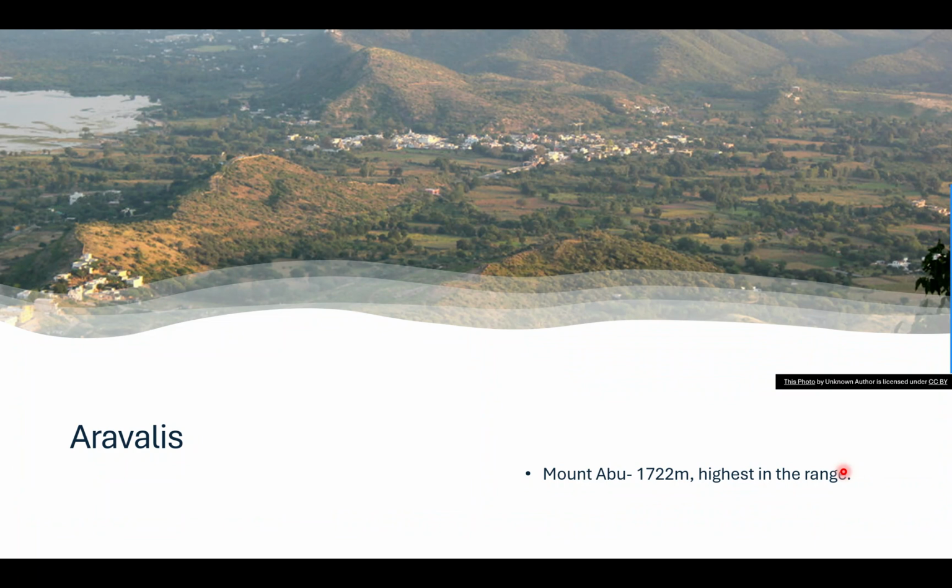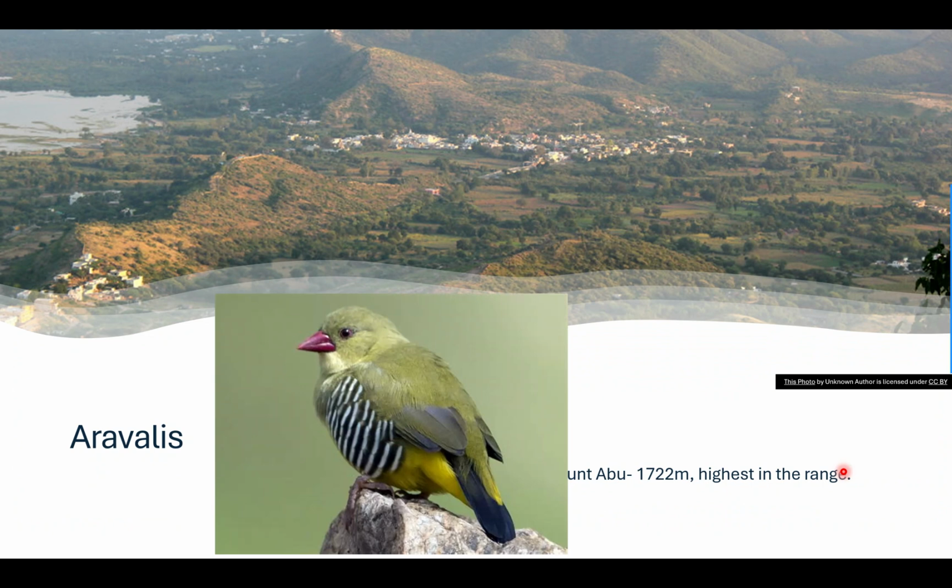And one of the highest mountains here is Mount Abu in Rajasthan. It's 1722 meters. And there are species that you get to encounter only in these regions, such as this tiny little bird called green avadavat, that has been in pet trade for a long time, and is currently protected, but there are very few places you get to see them apart from some of those mountains in Aravalis.